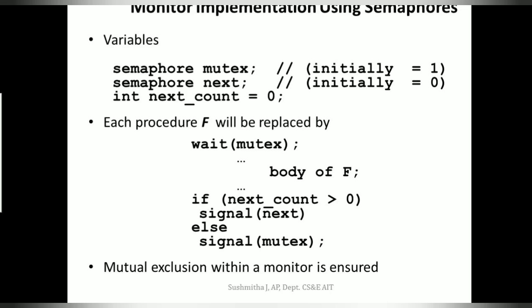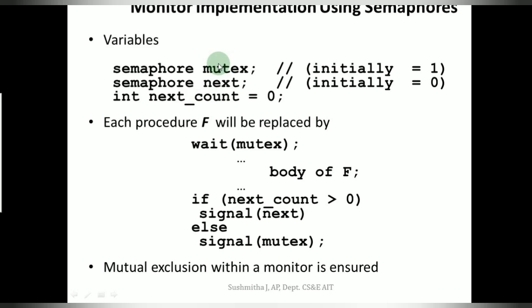Let us see some of the variables that are used. We have the semaphore variable mutex, and we have the semaphore variable next, and then we have a counter next_count.